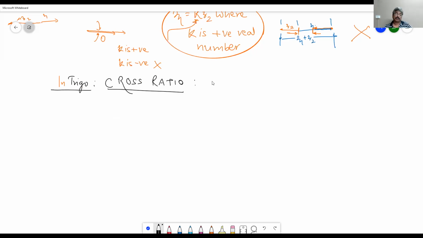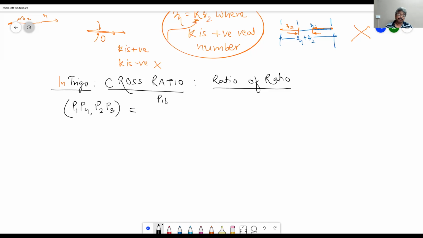Ratio of ratio is cross ratio. So if I say P1, P4, comma, P2, P3 like this, then what is cross ratio? This cross ratio we had defined earlier.